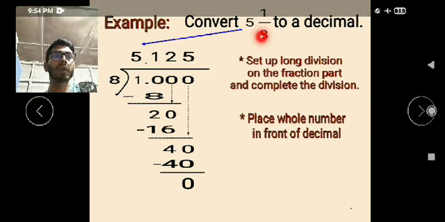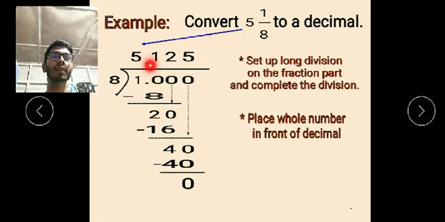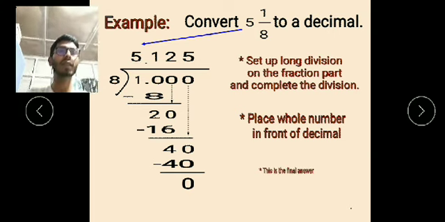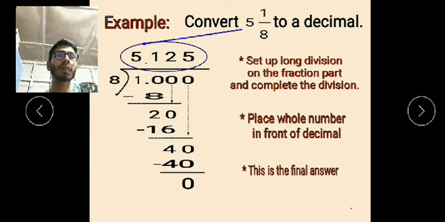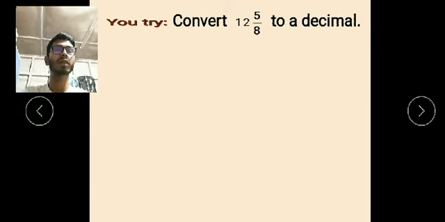So you divide 1 by 8, and with the answer just add this 5 in front, on the left hand side of the decimal. So the final answer is 5.125.